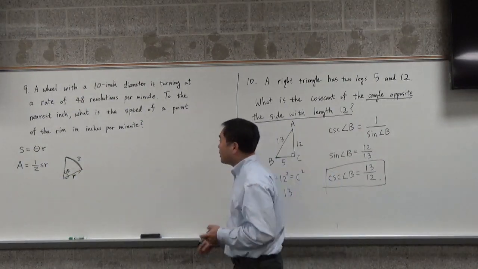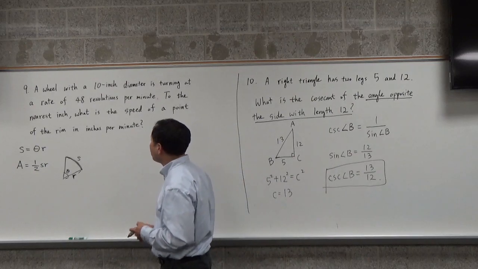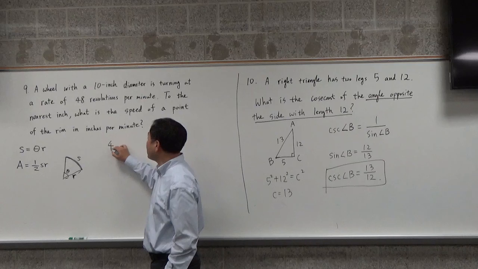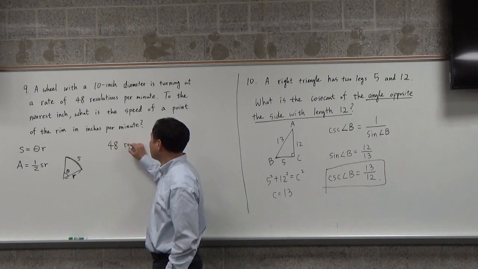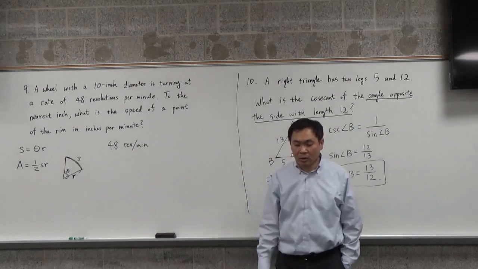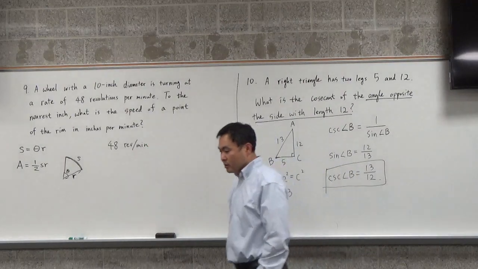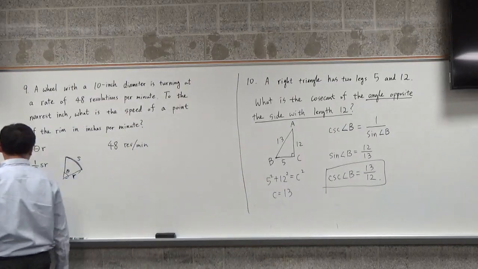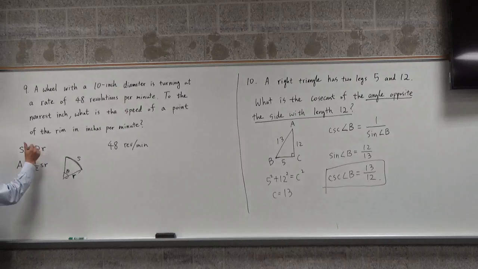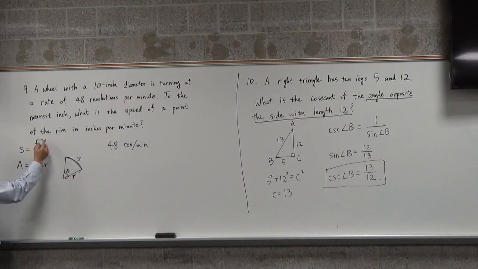Let's now think about what 48 revolutions per minute means. So if you have 48 revolutions per minute, oh, by the way, this formula only works if this data is in terms of radians.